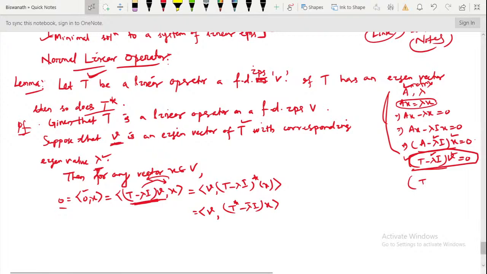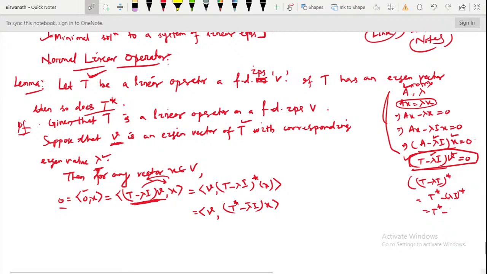(T minus lambda I) star is actually T star minus lambda star I star. So what is T star? T star remains unchanged, and lambda is a scalar. That scalar may be a real scalar or a complex scalar. This depends upon its field. So if lambda is real, then lambda star will be lambda.